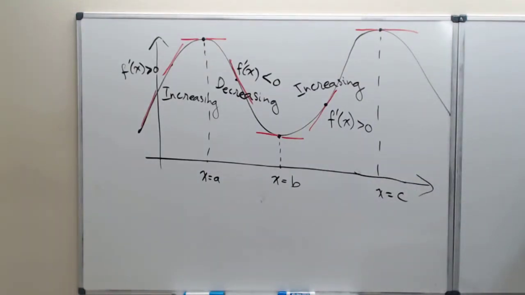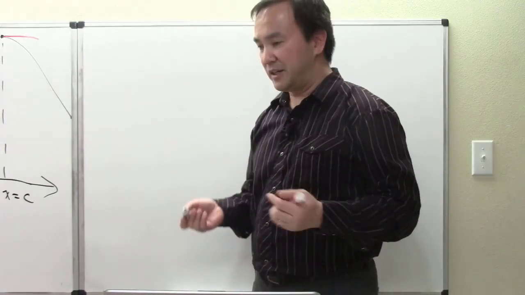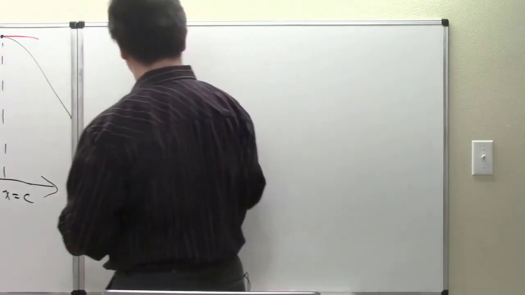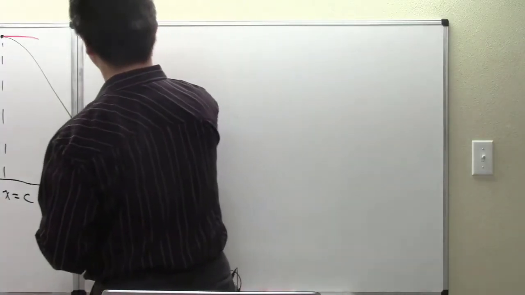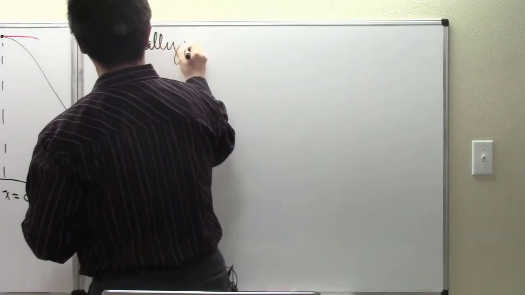So after the graphical description of what it means to be increasing or decreasing, let's come up with a generality. In general, this is what we recognize through the graph.